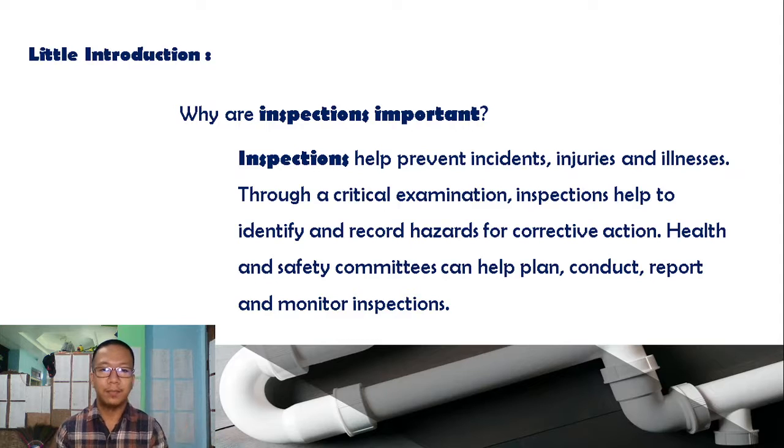Because inspections help prevent incidents, injuries, and illness. Through a critical examination, inspections help to identify and record hazards for corrective actions. Health and safety committees can help plan, conduct, report, and monitor inspections.